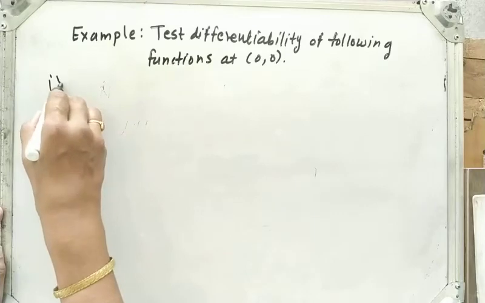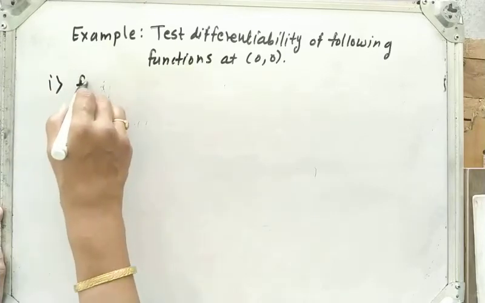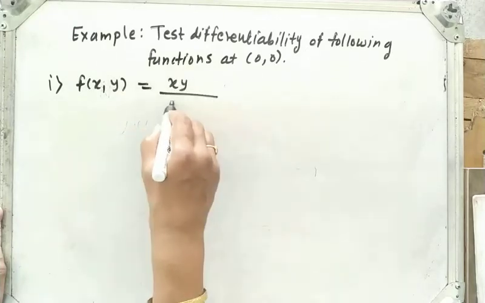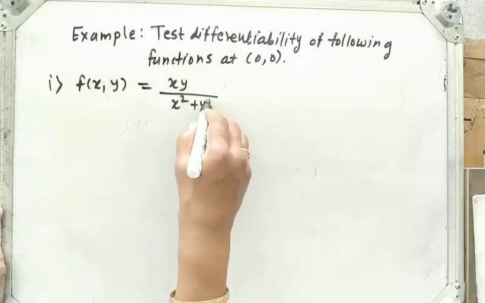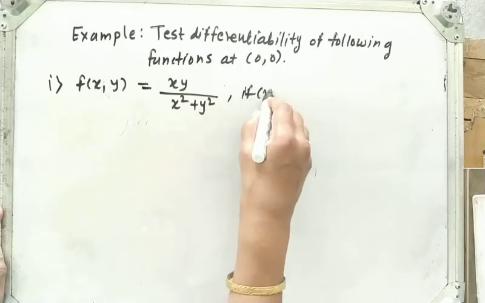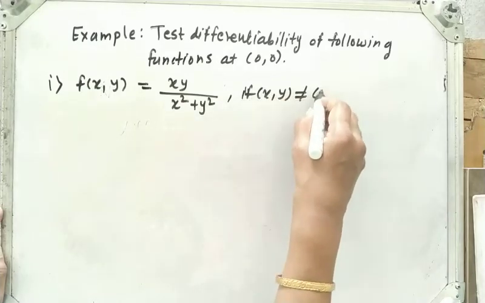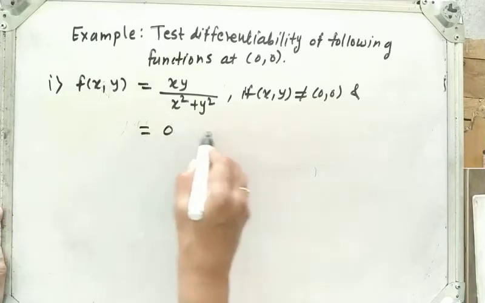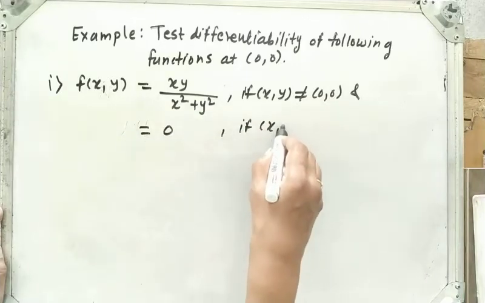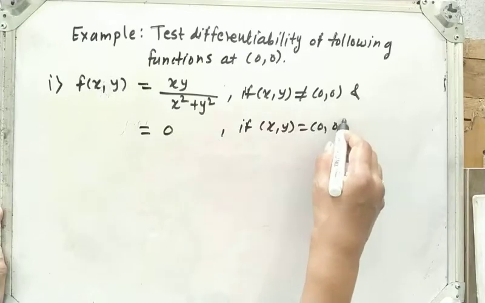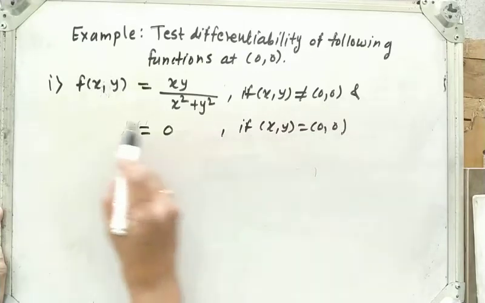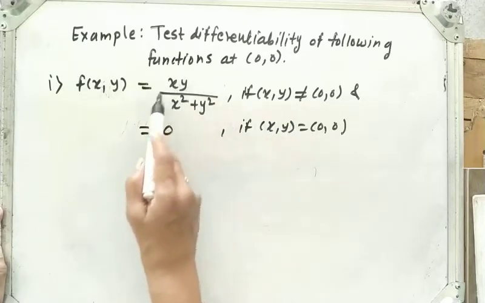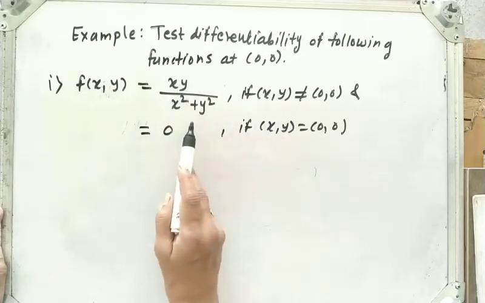So first example in it. First function is f(x, y) equal to xy upon x squared plus y squared if (x, y) is not equal to (0, 0), and it is 0 if (x, y) is equal to (0, 0). Means when (x, y) is equal to (0, 0), value of function will be 0. When (x, y) is not equal to (0, 0), value of function is xy upon x squared plus y squared.